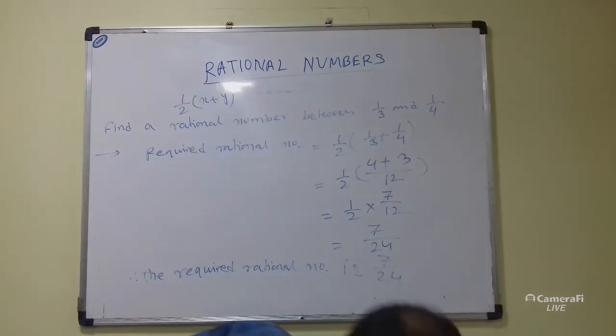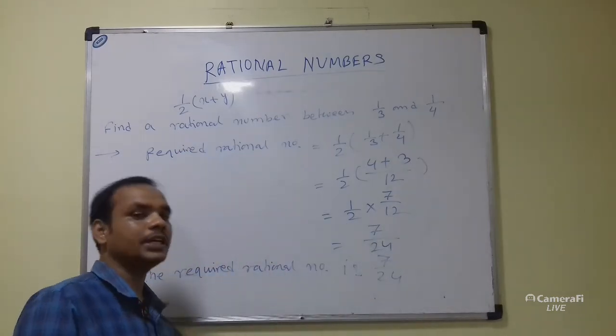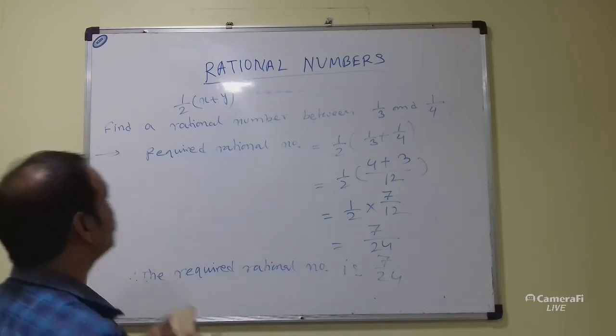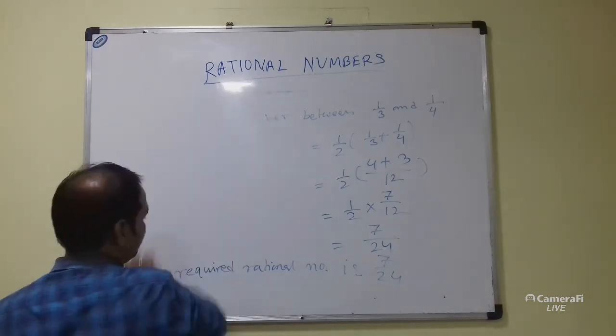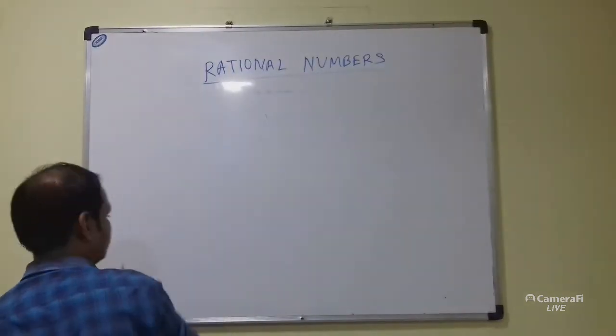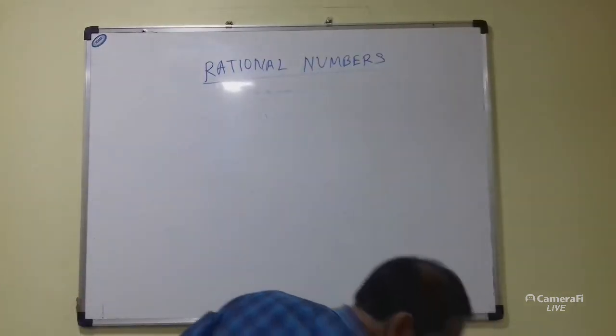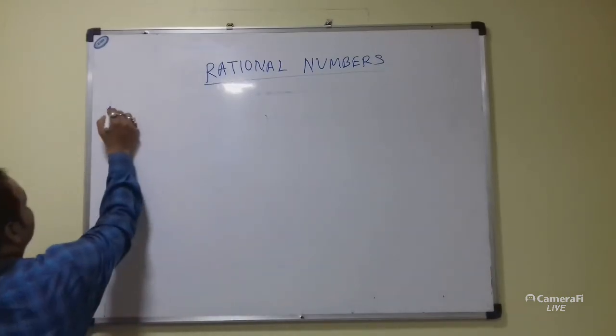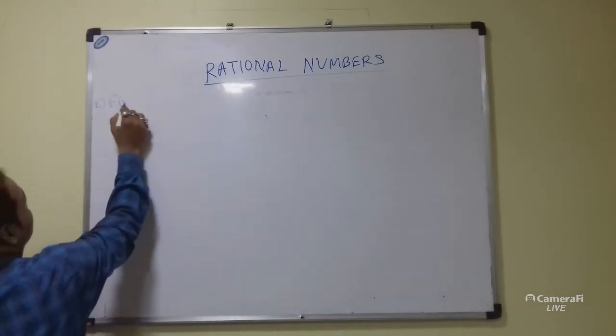Now I am going to show you how to find more than one rational number between the two given rational numbers. Now students, find three rational numbers. Next question.